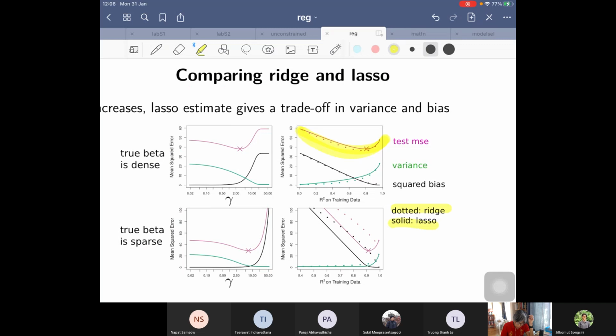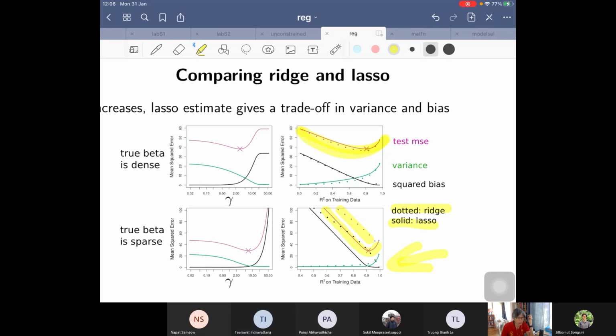But on the other hand, if we move further to the lower plot, what do you see? Oh, sorry, the wrong one. I should label the purple curve, dot and solid. Can you compare the test MSE between the ridge and the lasso? Which one is less? The lasso is less.